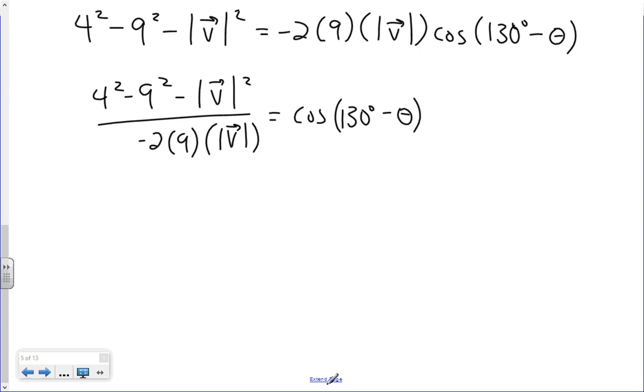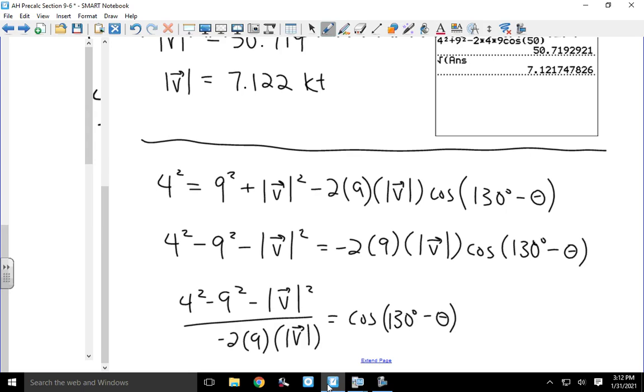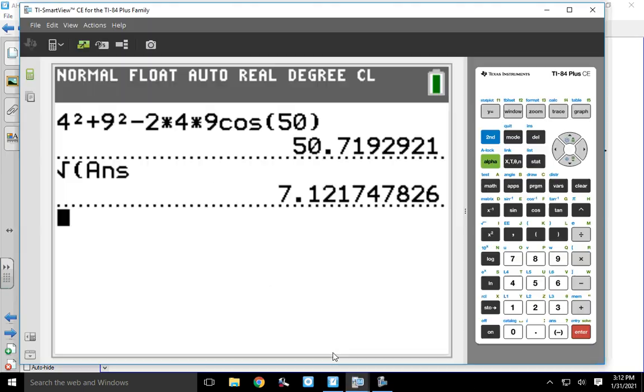And again, we can grab our calculator here and approximate what this is equal to on the left side. Let's do that. Let me store this value into v, since that's what I called that vector.